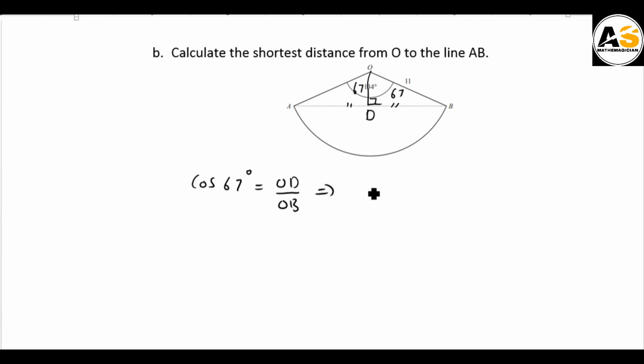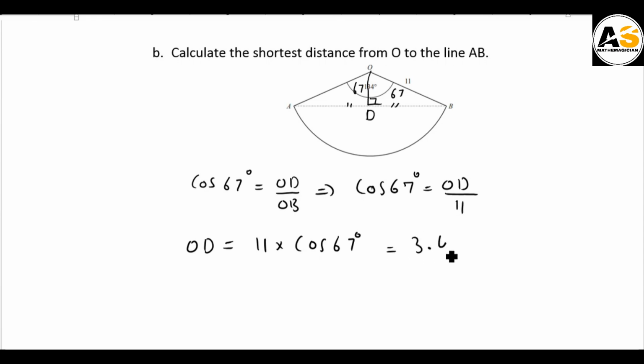OD is the shortest distance from O to AB, and OB is 11, and hence OD will be equal to 11 multiplied by cos 67 degree. When you simplify this, you will get the shortest distance is equal to 3.4 centimeter. I hope this is clear.